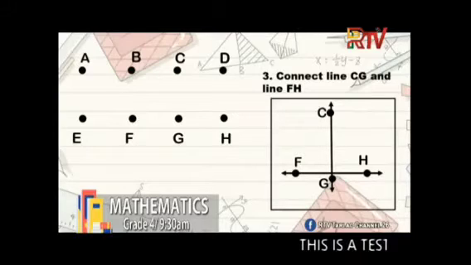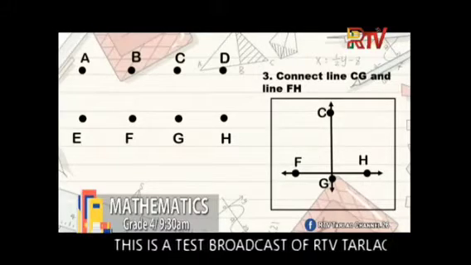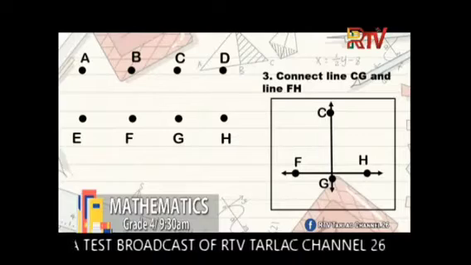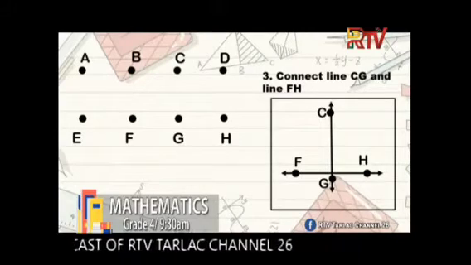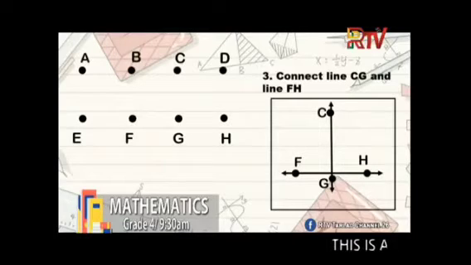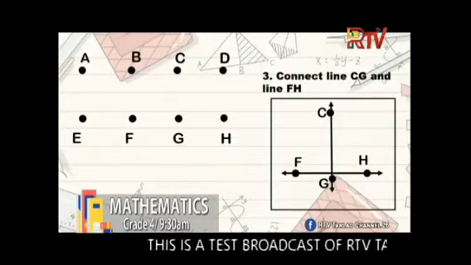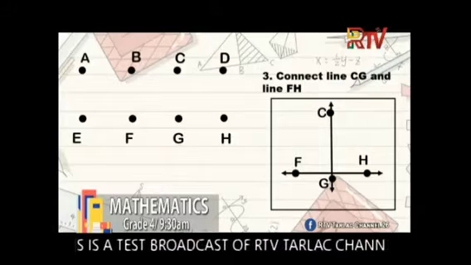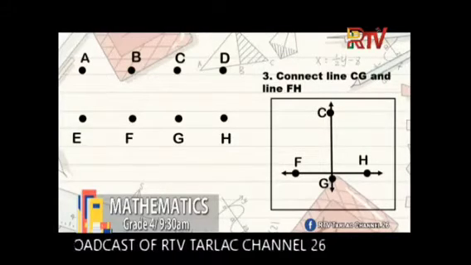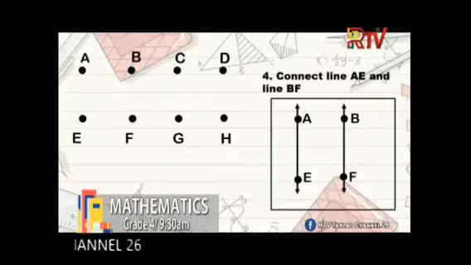That's it. Number 4. Connect the line AE and line BF. Do we have the same figure? That's great. Number 5. Connect the lines DH and GH.